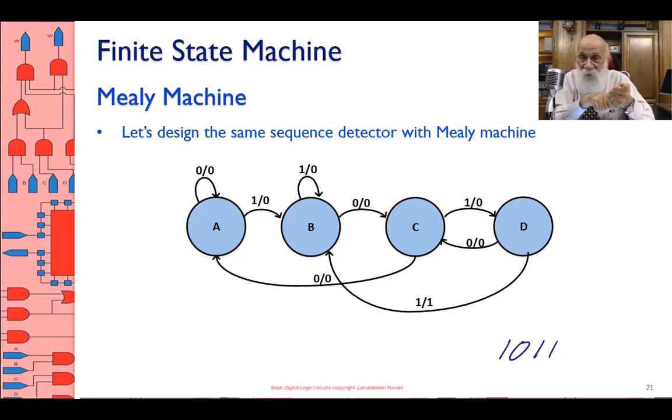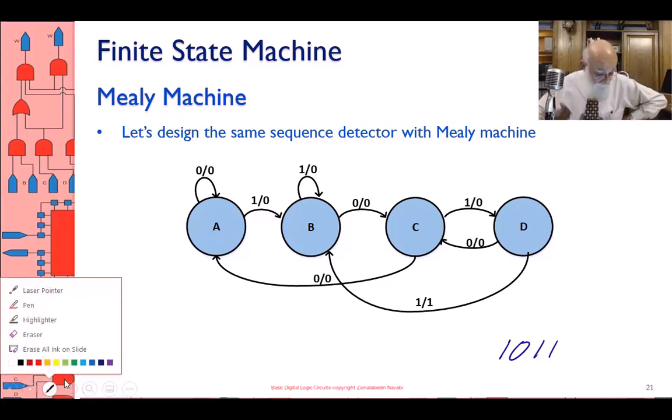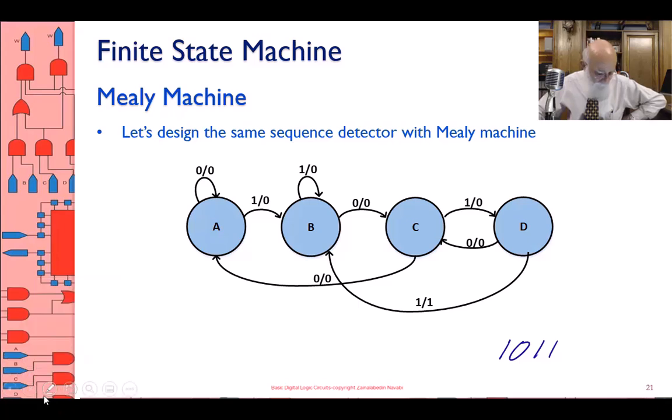That's different from the Moore machine, where in a particular state, your output is also specified and doesn't depend on the inputs. Here, I'm talking about the outputs depending on the inputs as well.